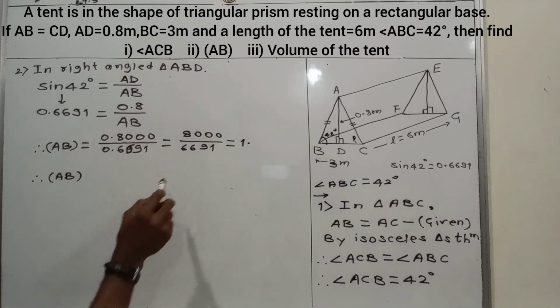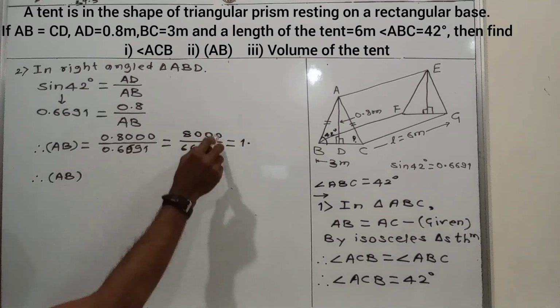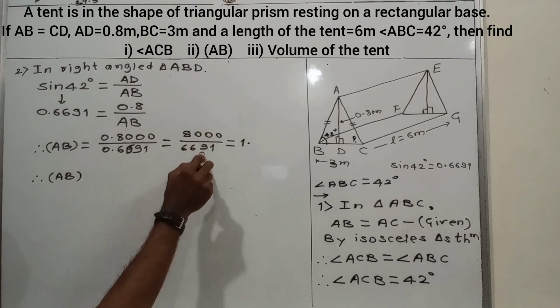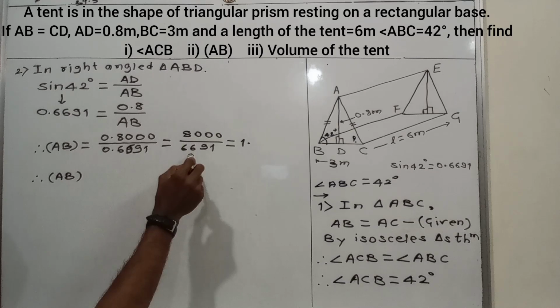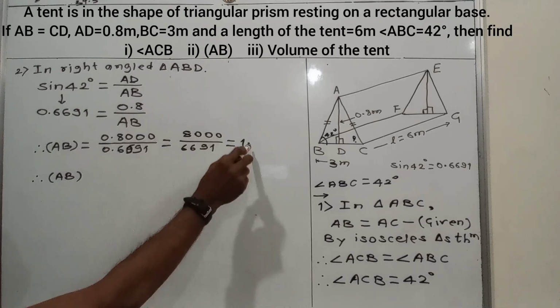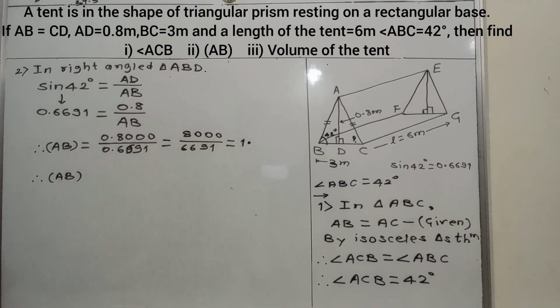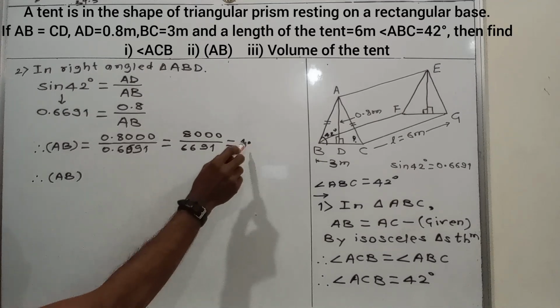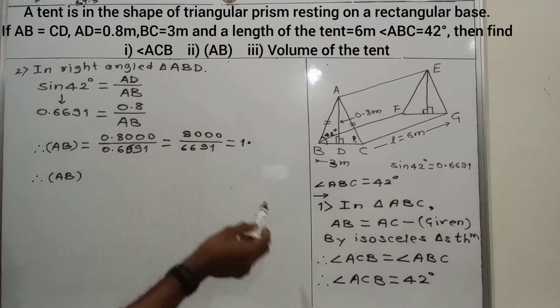Then subtraction here: 9, then 0, then carry 1 means 3. The remainder is smaller than 6691, so we put a decimal point and 0.